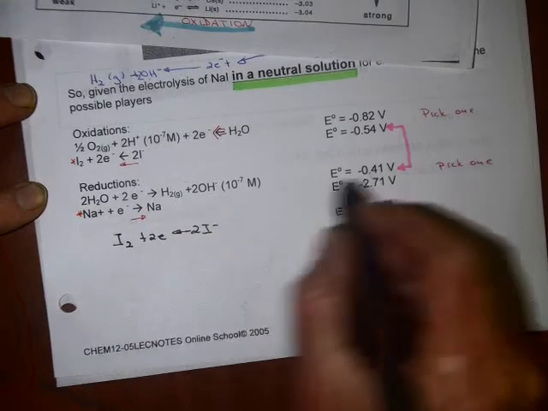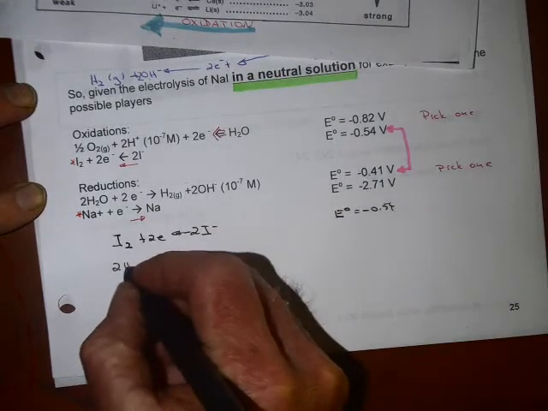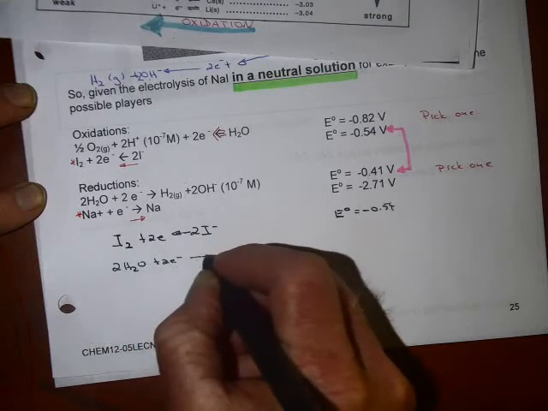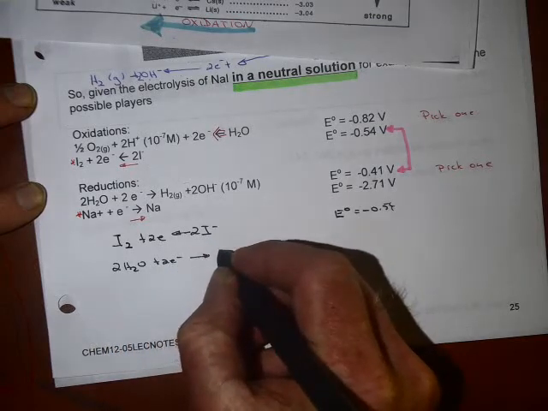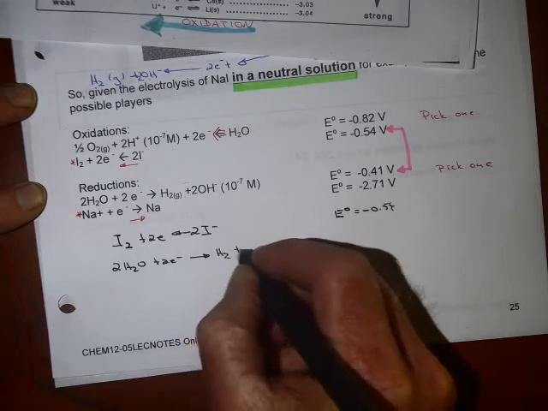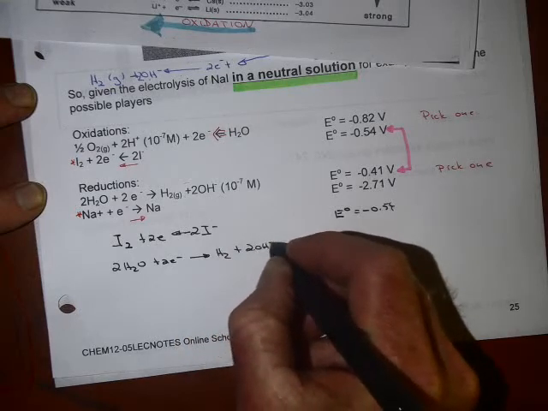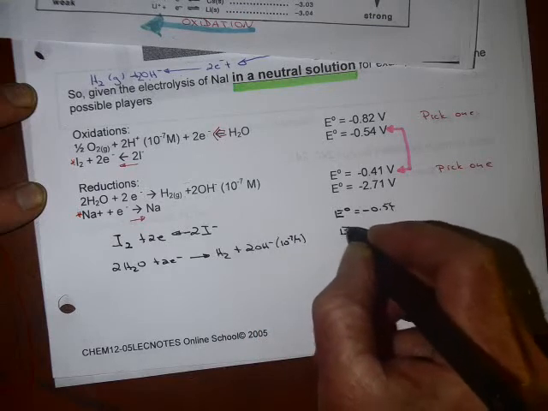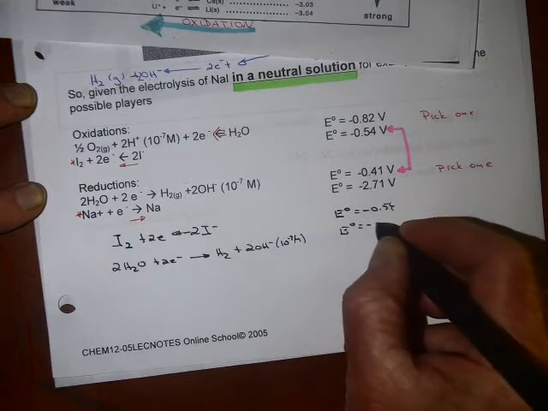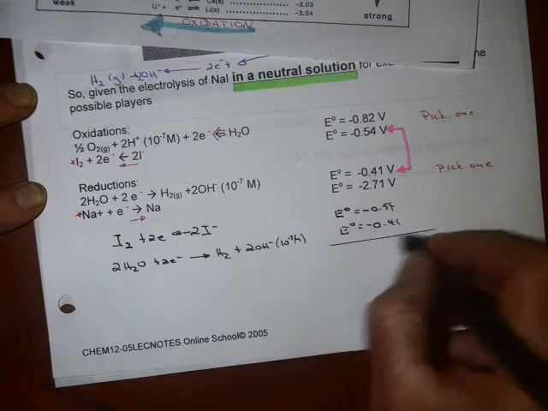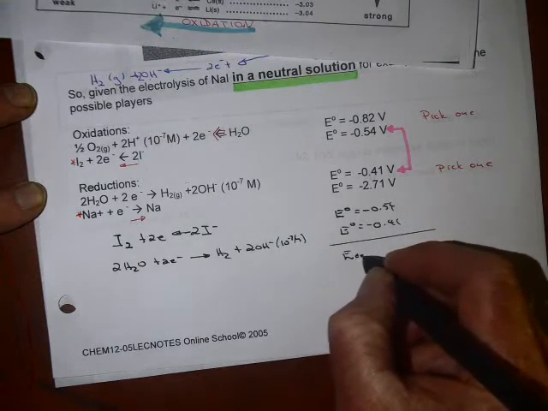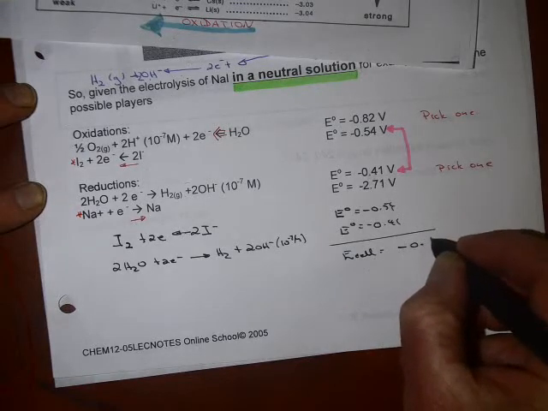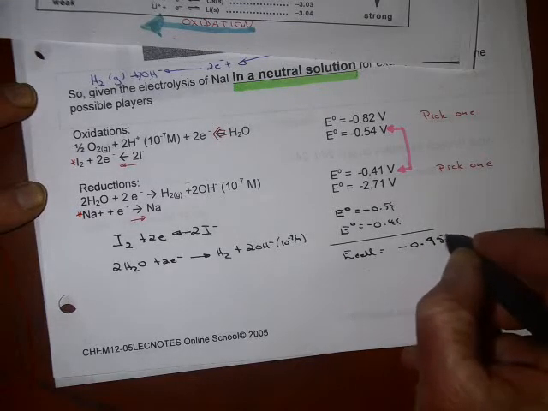And this one here, 2H2O plus 2 electrons go to H2 plus hydroxide. This is E0 negative 0.41, so E cell is going to be negative 0.95 volts.